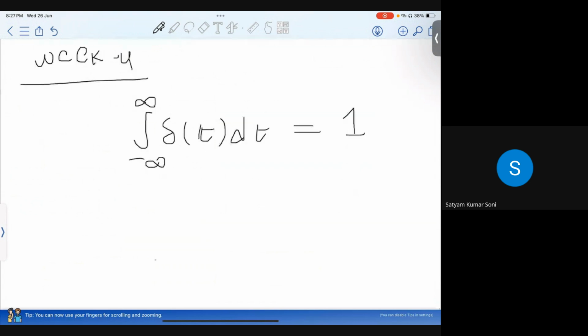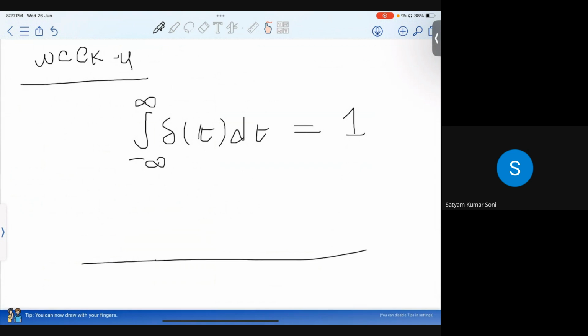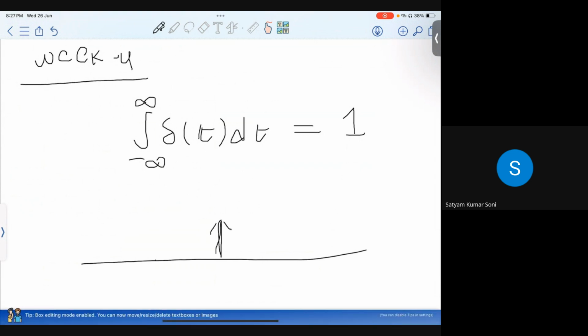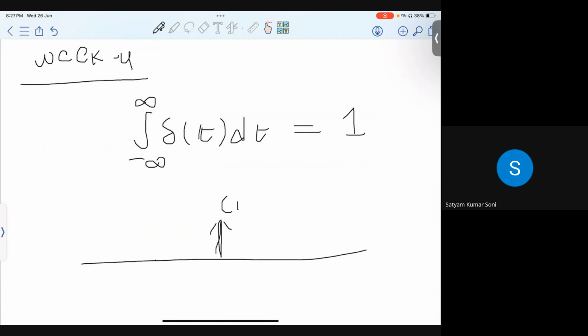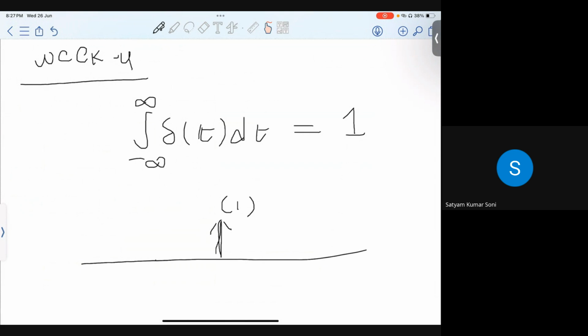On your time axis, you have a straight line, and when you evaluate the area of this signal across the time axis, it takes a value of 1. So this is the representation of the delta signal. This is known as delta of t, where this is t.